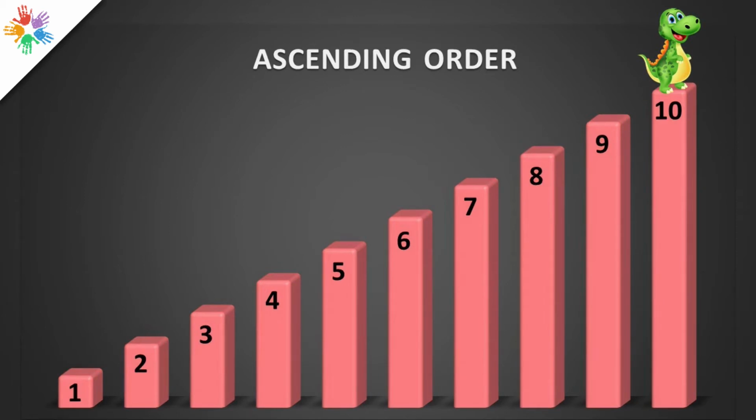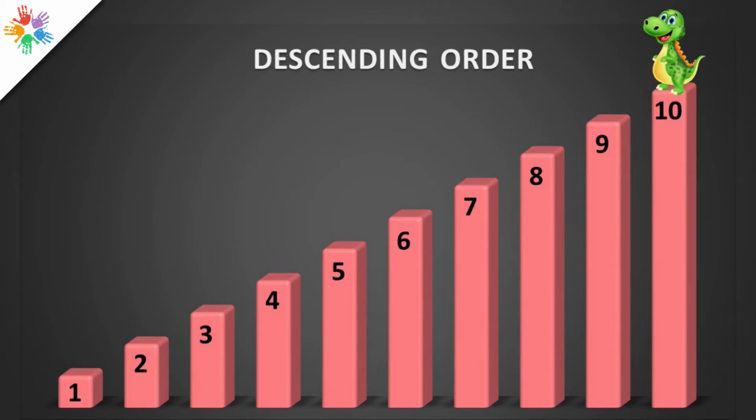That is from the smallest number 1 to the biggest number 10. So Mr. Dino went from the smallest number 1 to the biggest number 10. It is called ascending order. Are you all clear, children? Since it is a new concept, I am giving you more and more examples for you all to understand easily.